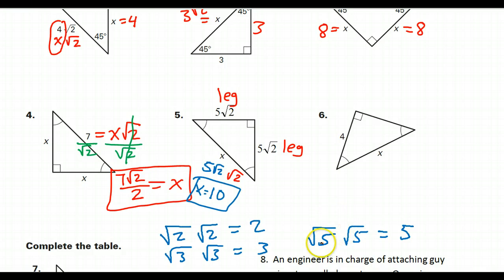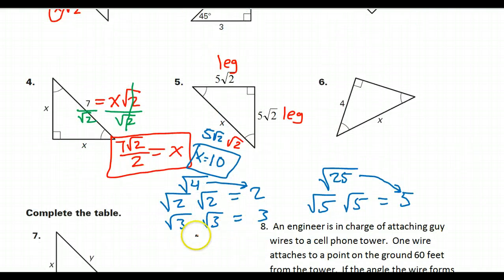Now look, the reason why that is, what's 5 times 5? 25. So radical 5 times radical 5 is radical 25. But that's a perfect square. The square root of 25 is 5. And see, that happens every time. 2 times 2 is 4, but then that's a perfect square, which gives you 2. 3 times 3 is 9, but then that's a perfect square, which gives you 3.